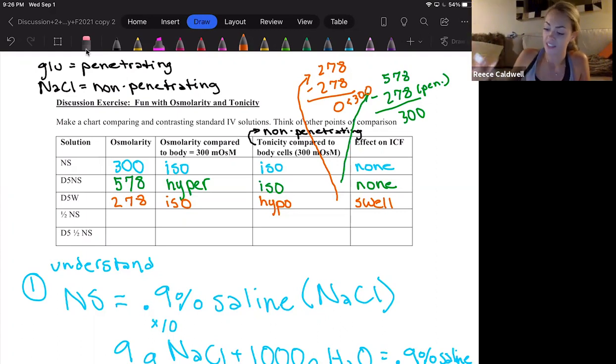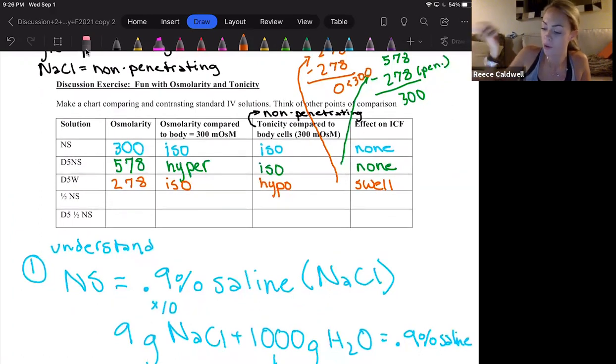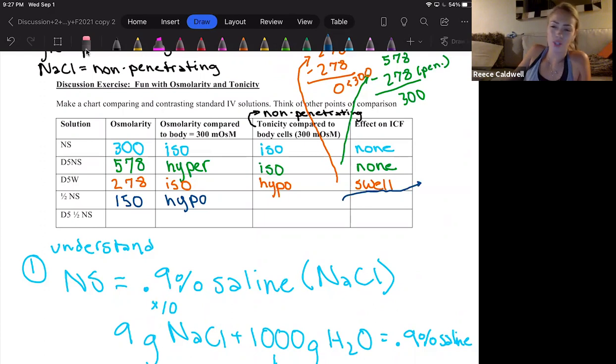Nice. All right, so now we are on our fourth row. Again, we don't need to do any calculations because we already solved for normal saline. This is looking at half normal saline. So we just take half of our normal saline, which is 150. 150 is considerably less than 300, so this will be hypoosmotic. And then for looking at the tonicity, I could do a calculation out here to the side, even though we don't really need to.